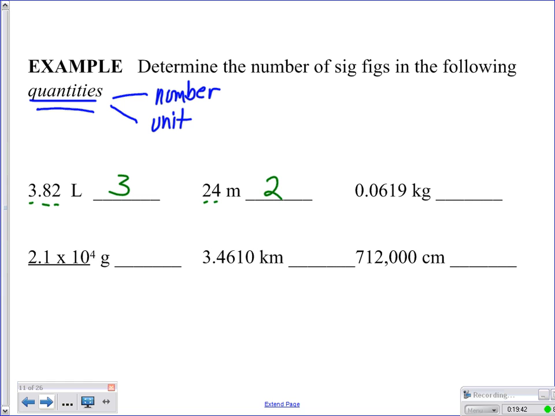Here we've got a couple zeros in there, but notice they are leading zeros. So think about what your rules tell you. Leading zeros are never, never, never significant. So in that case, there are three significant figures. Okay, here we have something we haven't talked about yet. It's actually at the end of the notes. But we know that this is in scientific notation in this problem right here.